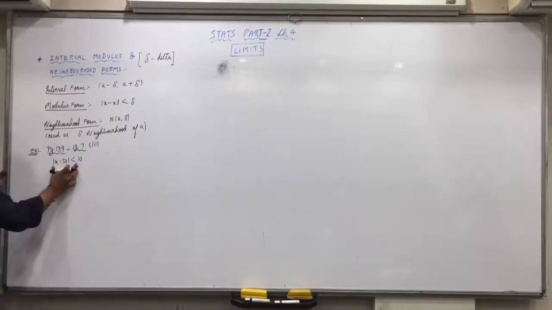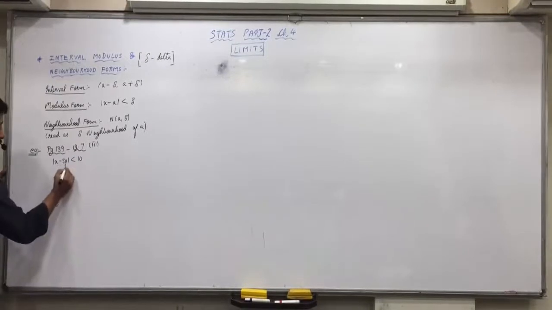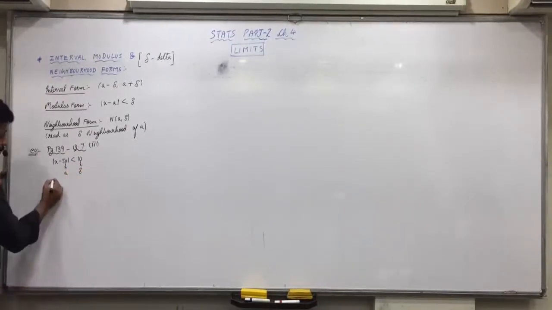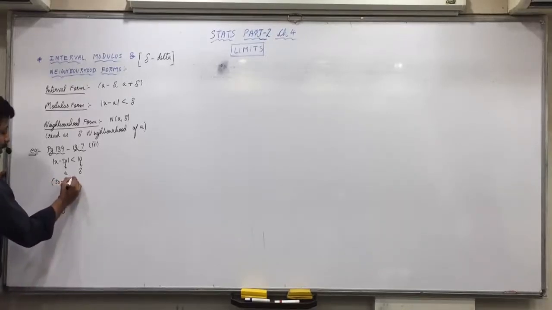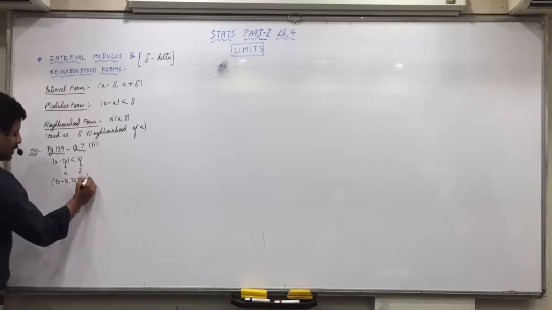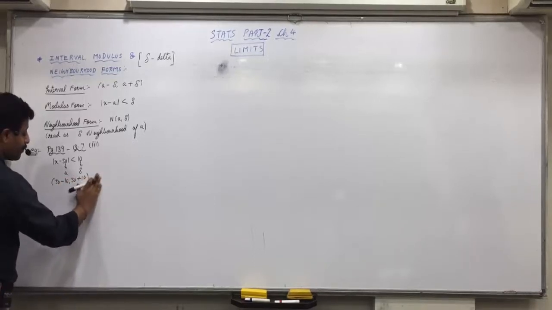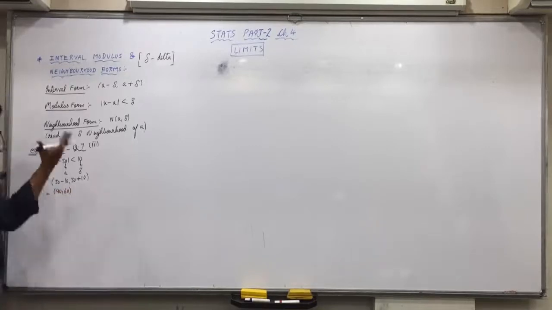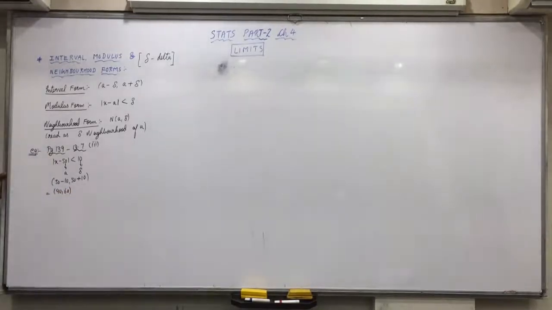Now, in this expression, can I say that this is A and this is delta? So if you write the interval form, (A - delta, A + delta), you get (40, 60). And this is what we got in that chapter, 40 < x < 60. So if you know this concept, when you are doing normal distribution, those steps are not compulsory.